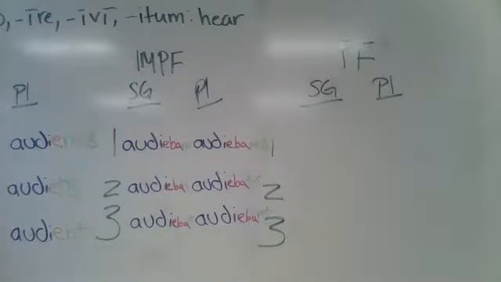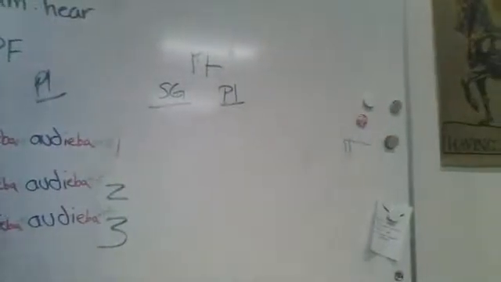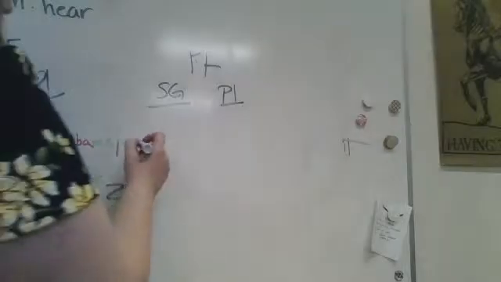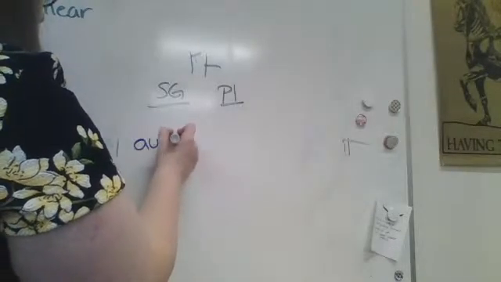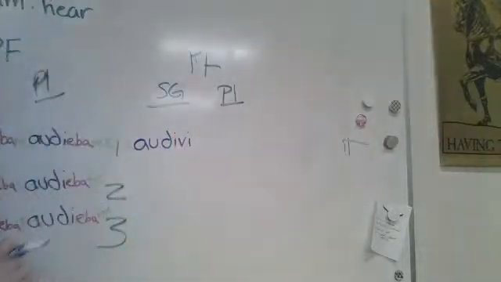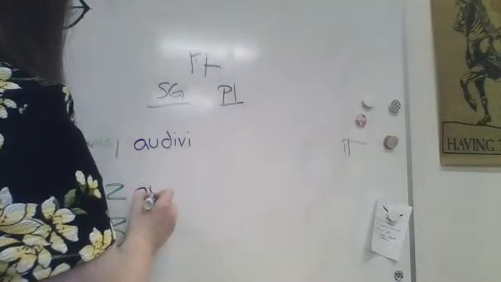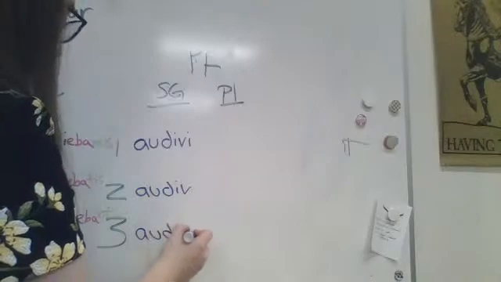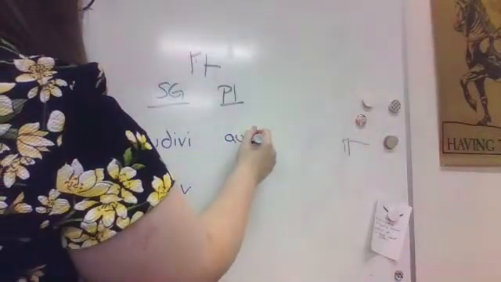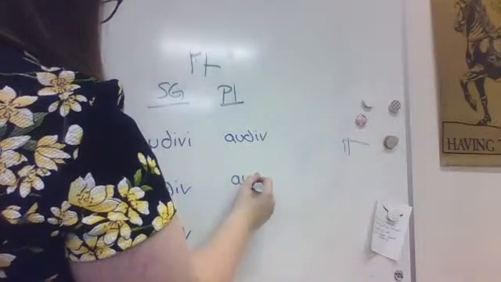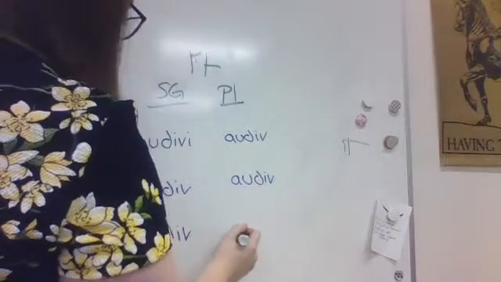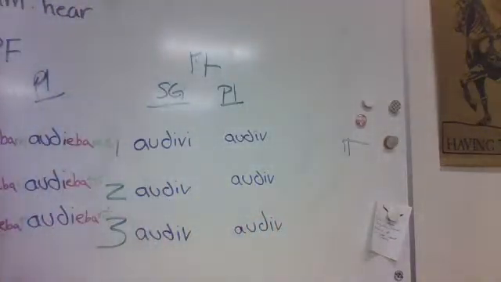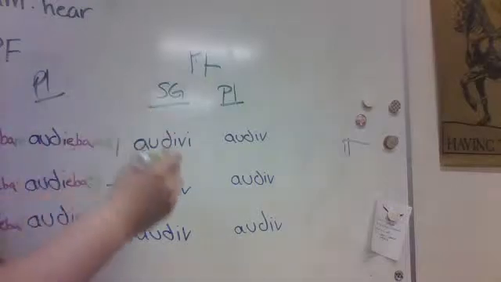Okay, now for perfect. Nothing changes for perfect. First thing we do, get our first person perfect. Now we need our stem. So all we need to do is cut off the I. And then we just add our perfect endings.